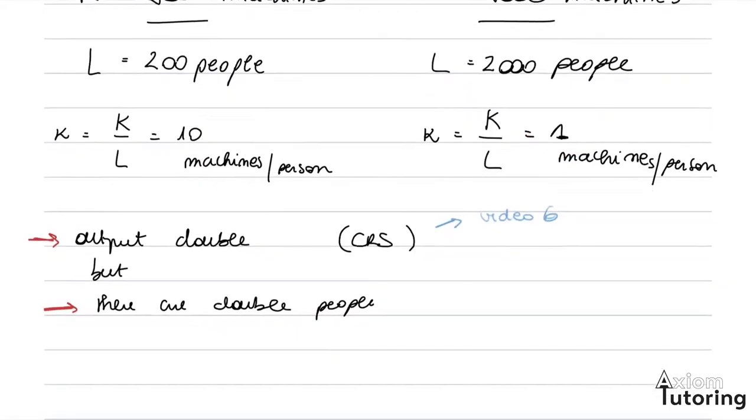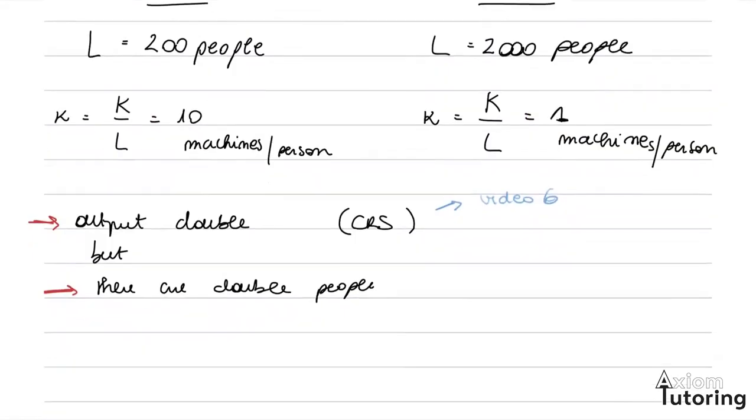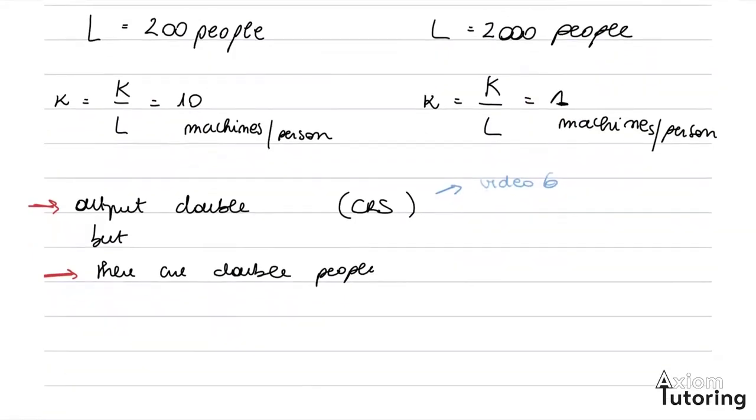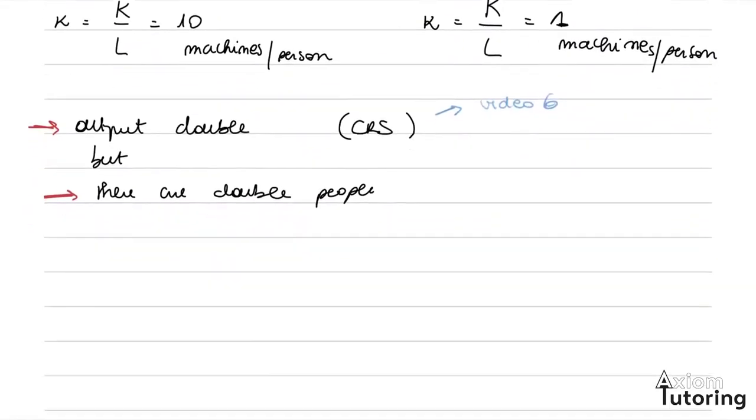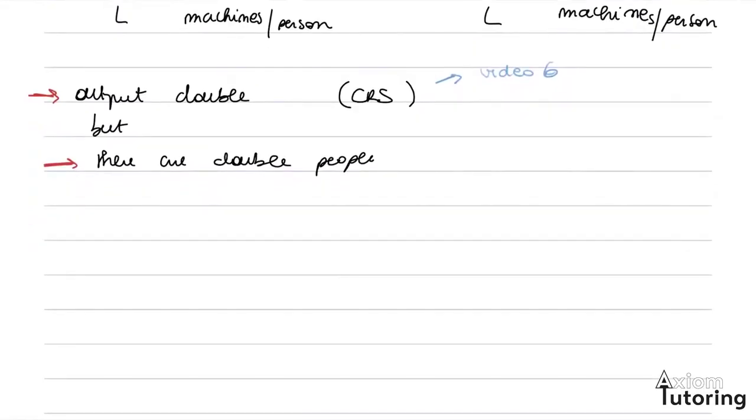So in order to actually make international comparisons and to have long run information about the productivity and living standards of people, we need per worker variables.